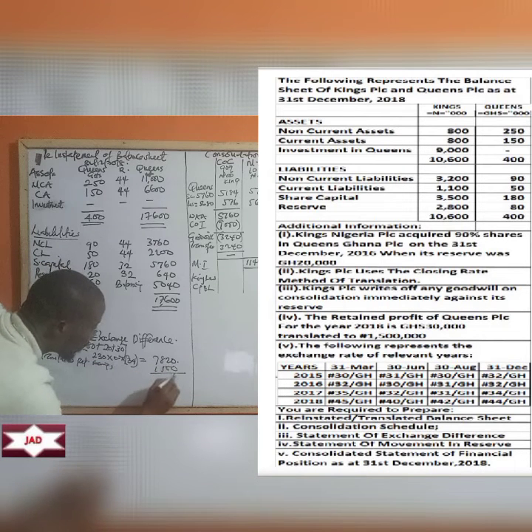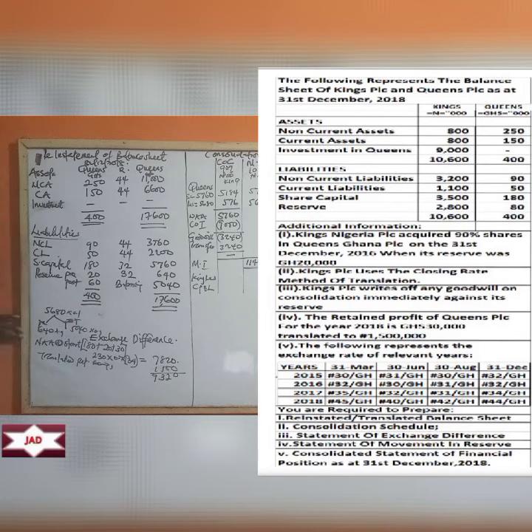When this comes in, we have 9,320. This is the expected translation: 7,820 plus 1,500.